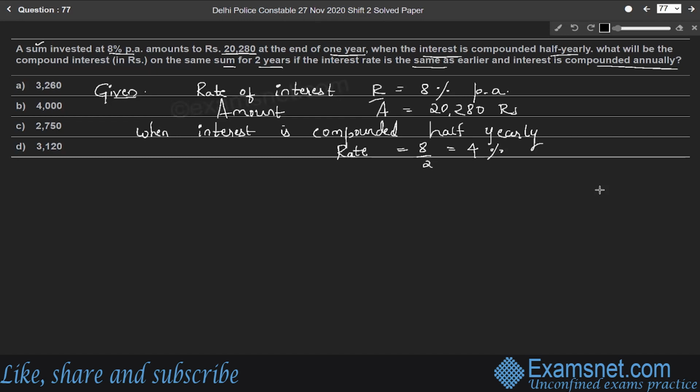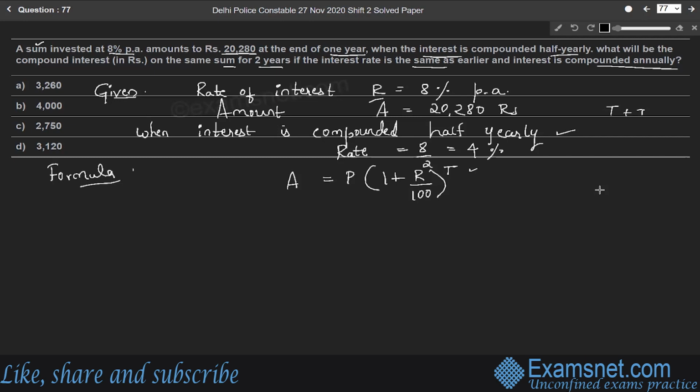So here the formula to be used: what is the formula for amount? Amount A is equal to principal into 1 plus rate of interest by 100, to the power of time period. What is the time period here? Since the interest is compounded half yearly, the time becomes once in half year and once in another half year. So the time period becomes 2, right?